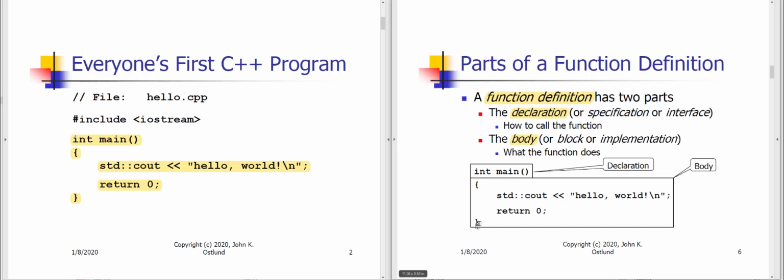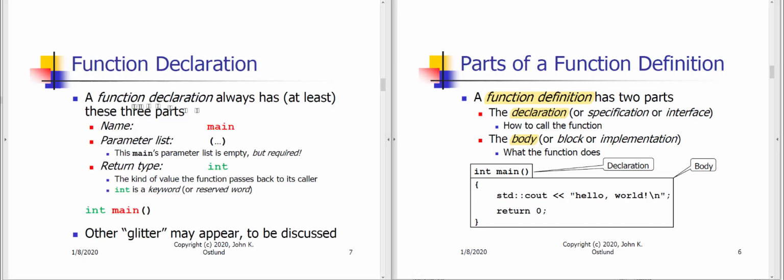And the body of the function is contained in these so-called curly brace characters. Okay, so the declaration part has to give the name for the function. In my case, that's main, obviously. Also, there has to be a parameter list for the function, which is contained within parentheses. Now, this main function does not expect to receive any arguments passed into it, but the parentheses are nevertheless required, so I just have an open and closed parenthesis to tell the compiler that main is a function that I'm defining.